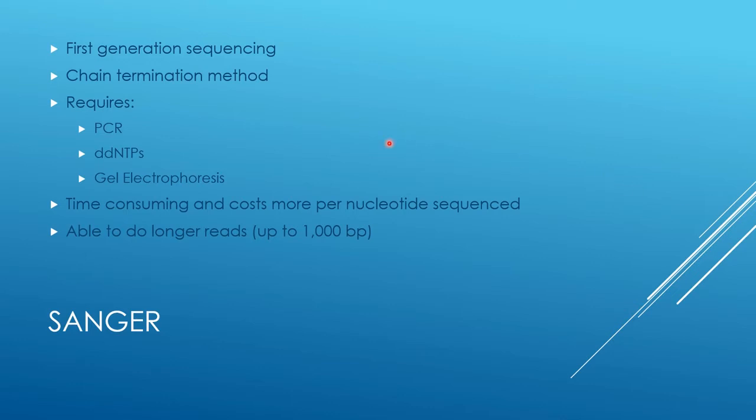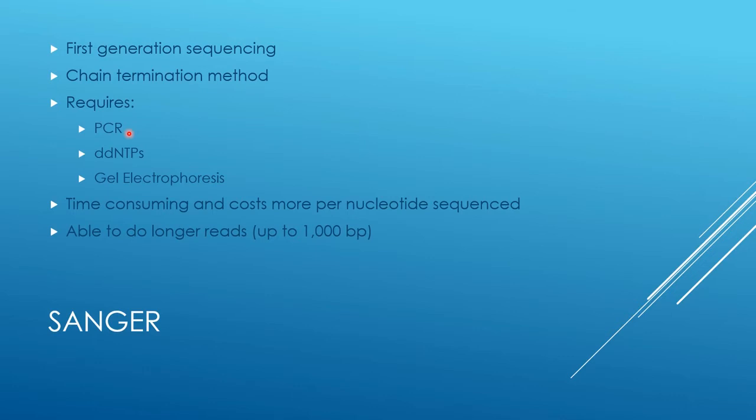The way it sequences DNA is through the chain termination method, and this method requires PCR, which is polymerase chain reaction, that basically amplifies the DNA that wants to be sequenced. It requires ddNTPs, dideoxynucleotide triphosphates, as chain terminating bases, as well as gel electrophoresis in the end to determine the sequence.